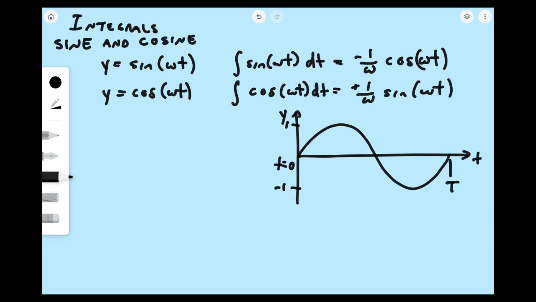If we look at the area over this whole cycle, we have positive values here and then negative values here. That integral over the whole period is 0.